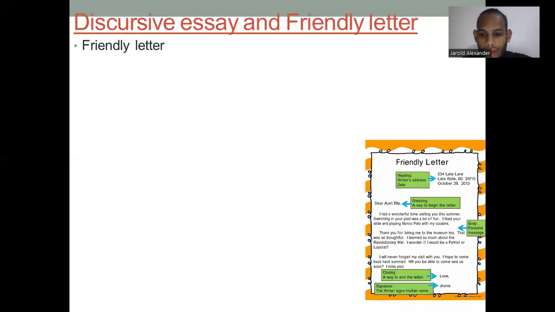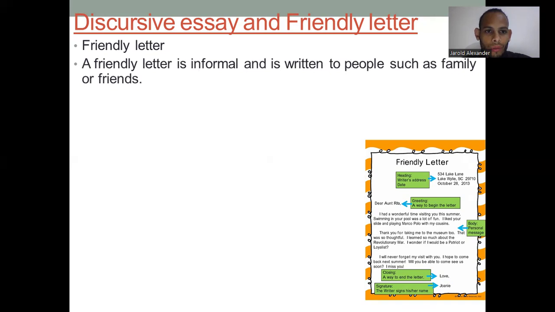Skip another line, the body, depending on the number of paragraphs. And then the conclusion is the last paragraph there. Skip another line, and then your closing, which is Sincerely yours, and then the writer's name and the signature.